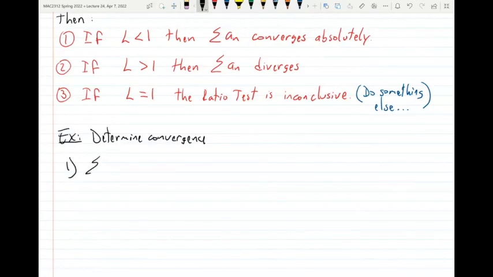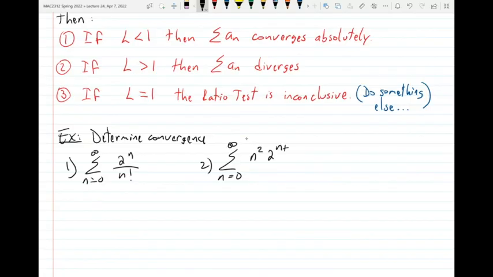All right, so let me put here the sum from 0 to infinity of 2 to the n over n factorial. When you see factorials, the ratio test should be in your mind. Also, when you see a bunch of exponentials being thrown around like this, the ratio test should be in your mind.